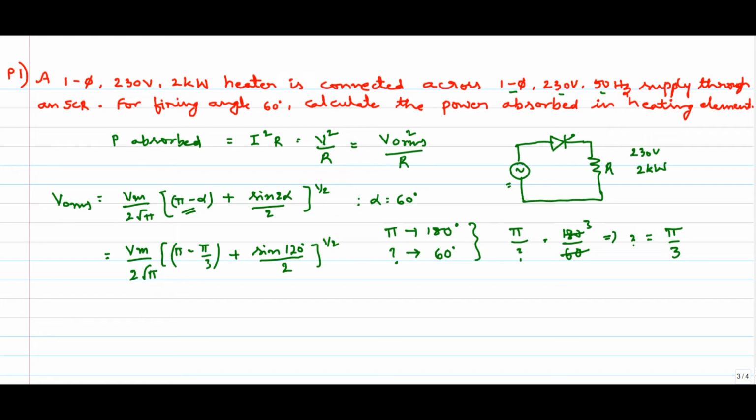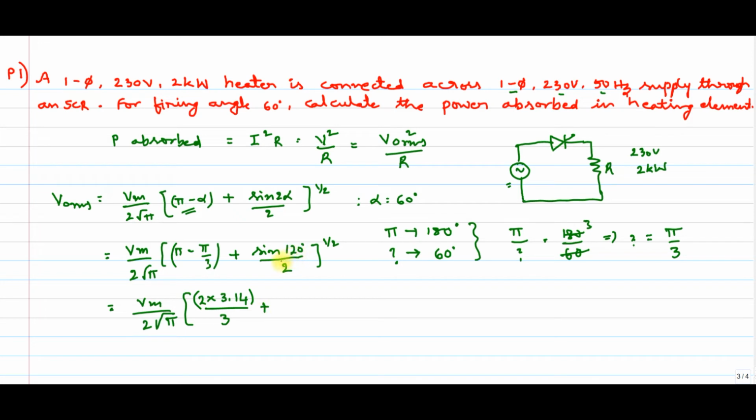If you have set your calculator as radian mode, you can substitute pi by 3 in place of alpha. That's up to you. So finally it will be equal to Vm by 2 root pi into (3 pi minus pi is 2 pi, so 2 pi by 3, but here pi means 3.14, you have to substitute pi value 3.14 only, plus sine 120).